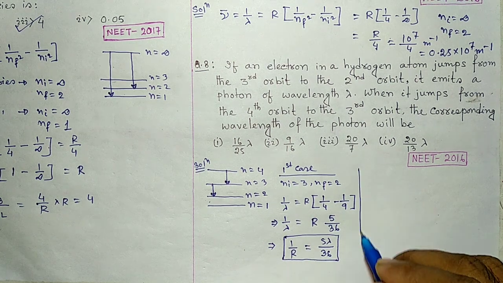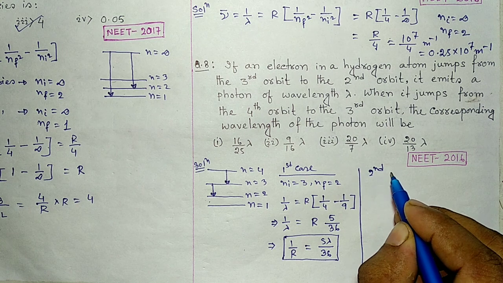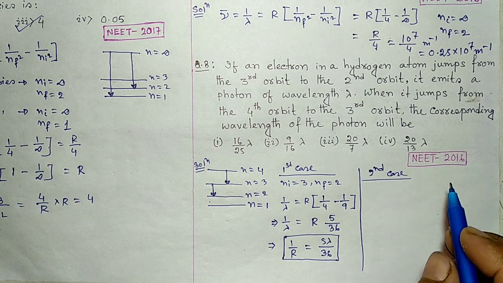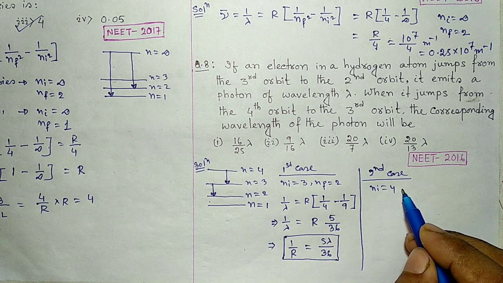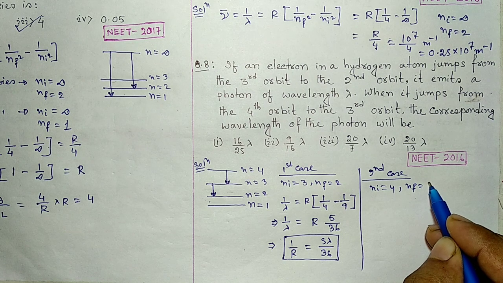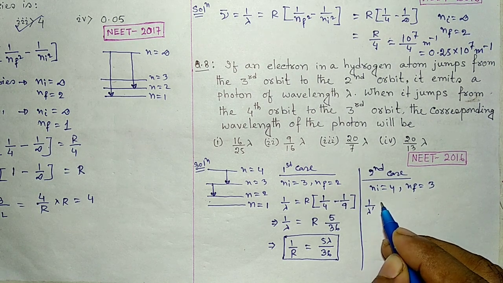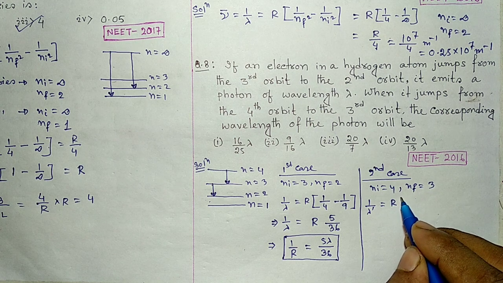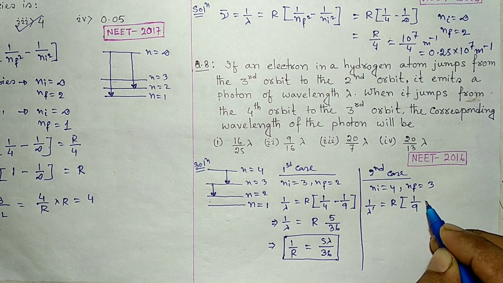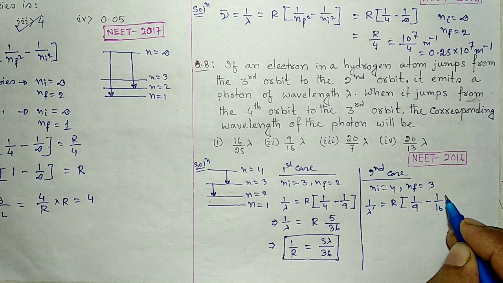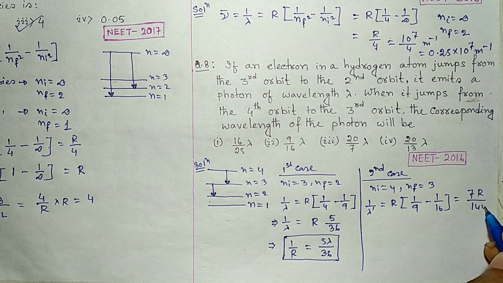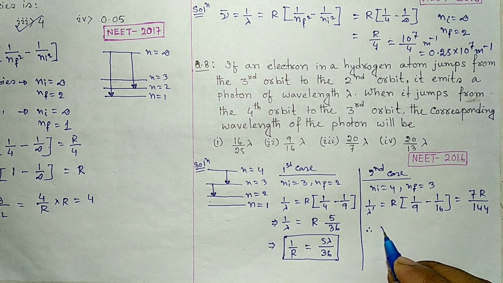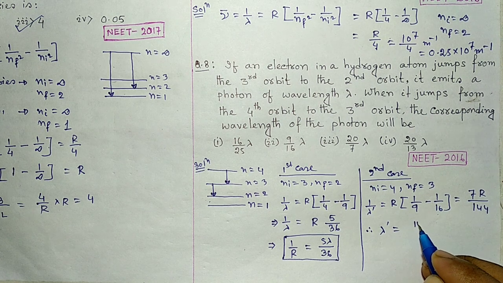Now for the second case, Ni is equals to 4, Nf is equals to 3. Now 1 by lambda dash is equals to R into (1 by Nf square, 1 by 9, minus 1 by Ni square, this is 1 by 16). This will be 7R by 144. Now lambda dash is equals to 144 by 7R.